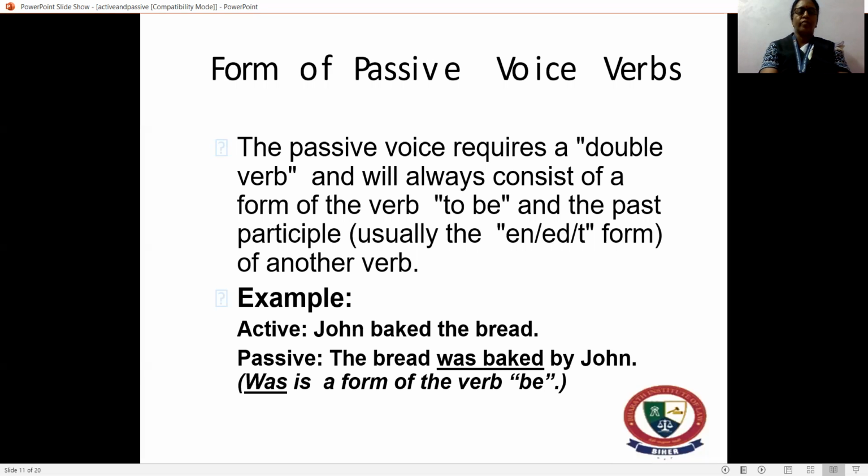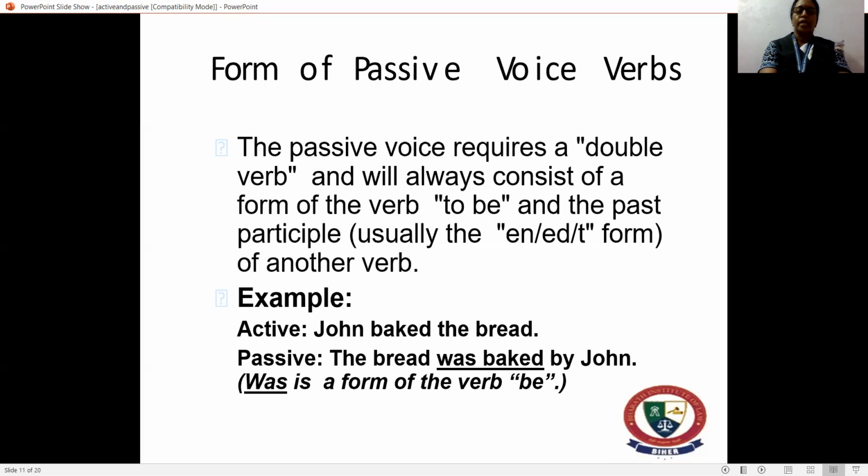The first rule is that the passive voice requires a double verb and will always consist of a form of the verb to be, that is the be form. So it is always a double verb. It should be a form of be. In the next slide, I'll give you all the various forms of be.